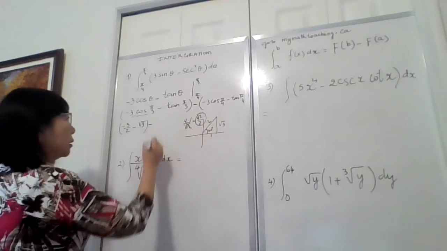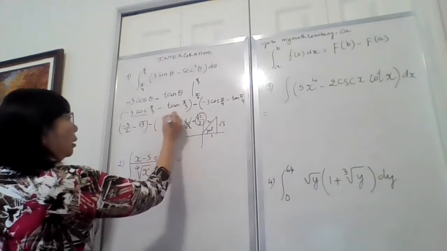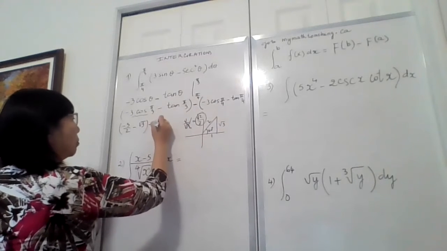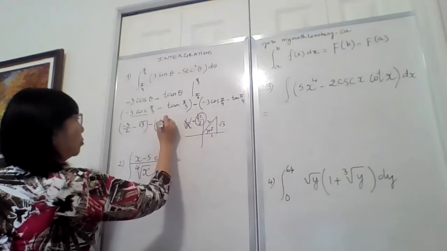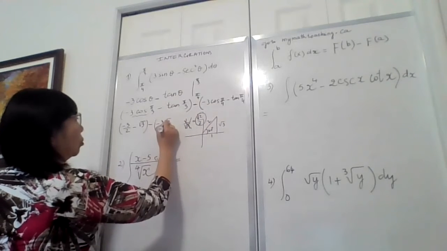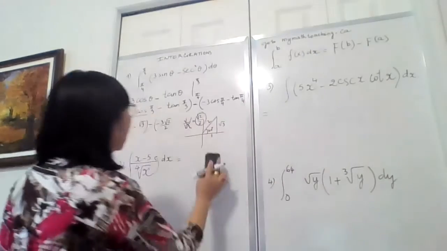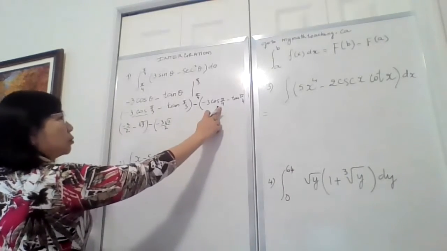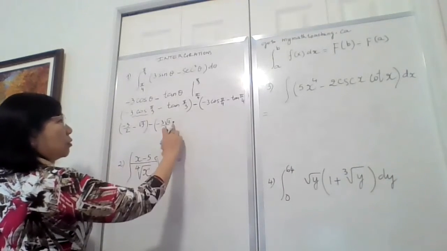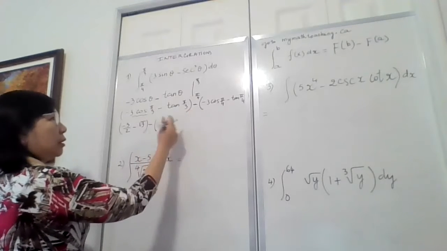And now minus, we have a 3 here, so minus 3 times square root of 2 over 2. So cos of pi over 4 is square root 2 over 2. We multiply with minus 3 here. So that's what it looks like.